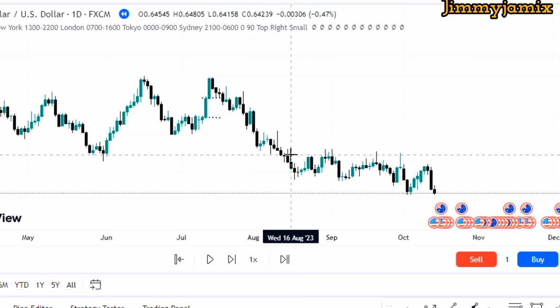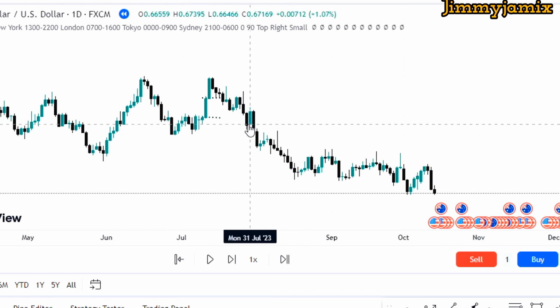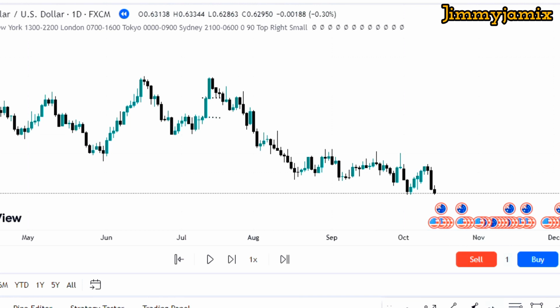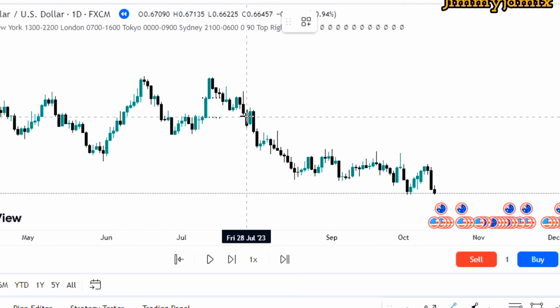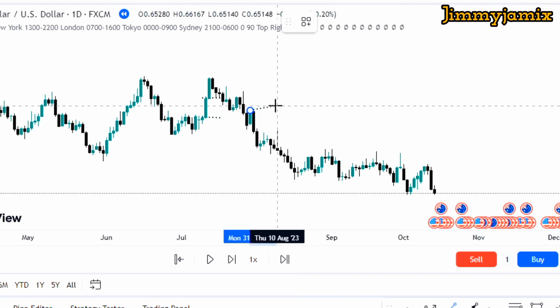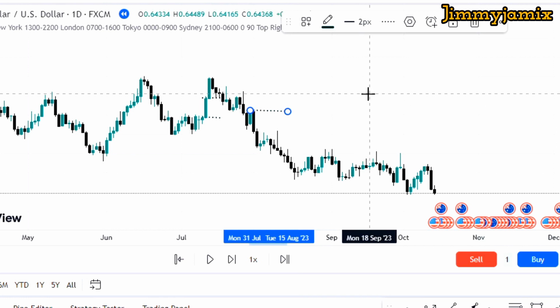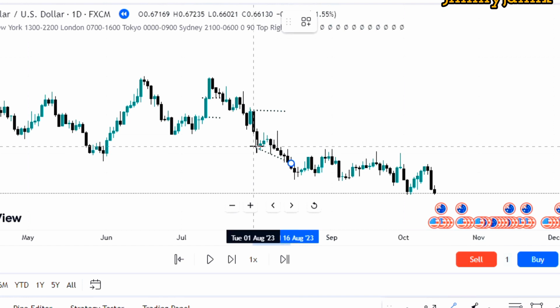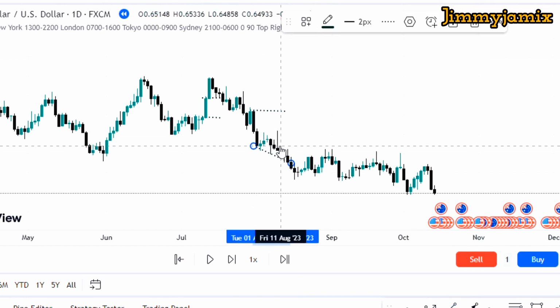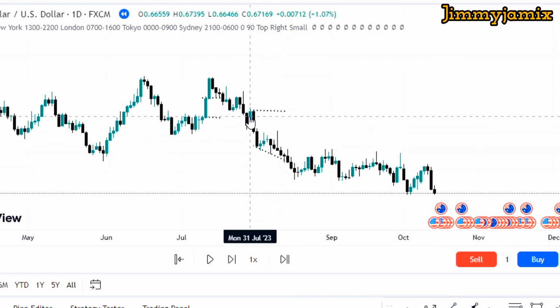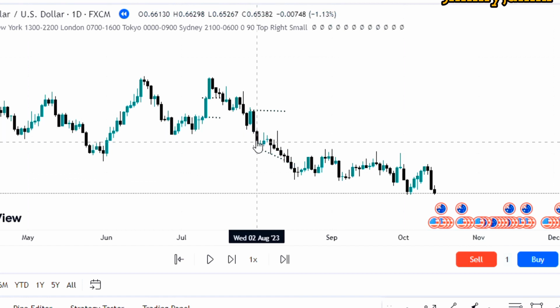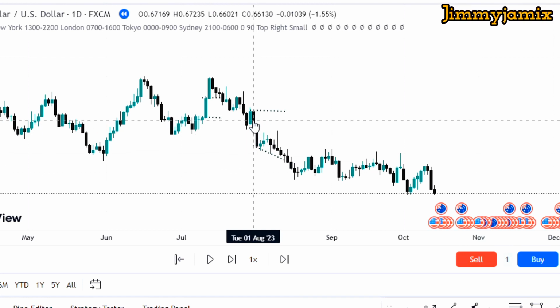Here the color actually doesn't matter. For example, if I have my first candle, this upper one, and this downward candle here, in between this green candle and this bearish one there is a long candle, and in between there is a fair value gap.